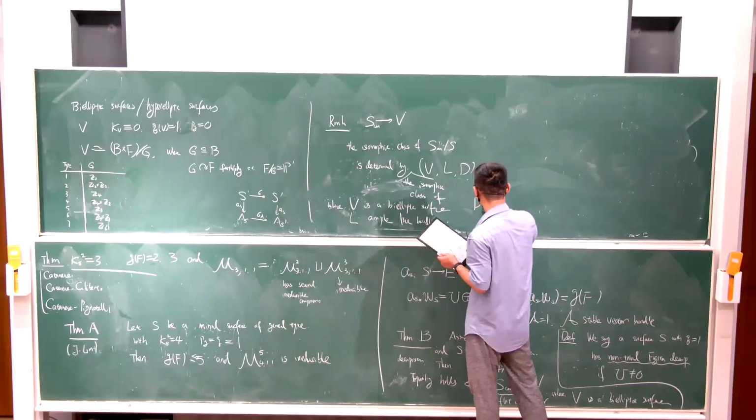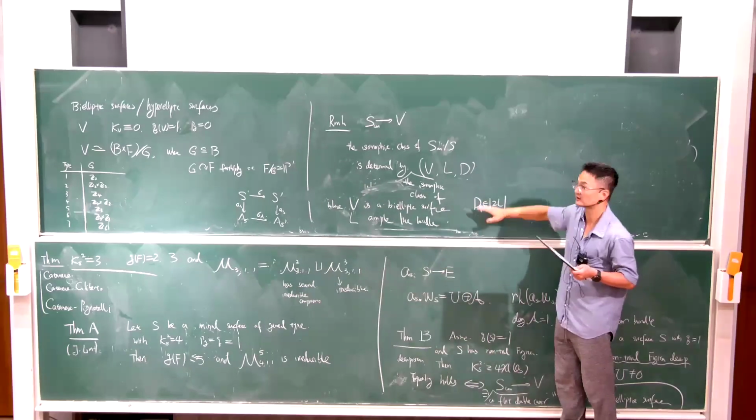D belongs to 2L. D is just the branch locus.